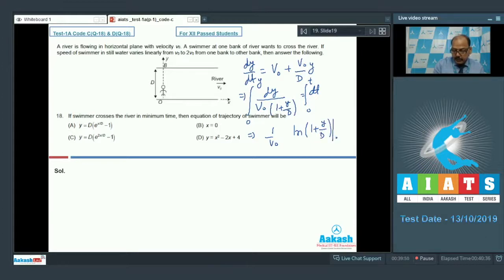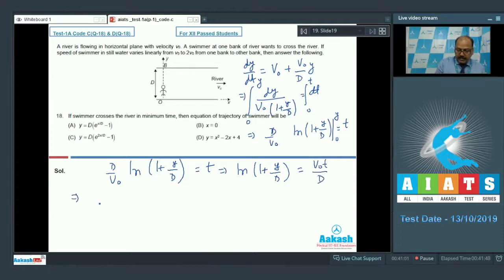The limit is from 0 to y, and the coefficient of y is 1 by d, so we divide by 1 by d, so d comes here, so we can put this as d, and on the right hand side is t. After putting the limits, we get d upon v0 ln 1 plus y by d equals t, or ln 1 plus y by d equals v0 t upon d.